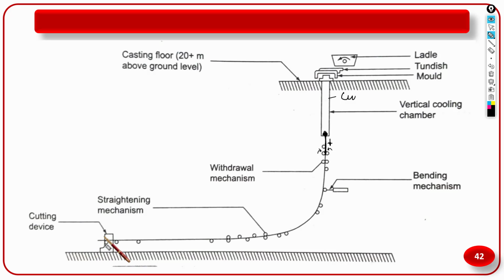And here you have a cutting mechanism. Whatever desired length you want, you can cut it. Now here the shape change is happening. If you want any round shape, any cylindrical rod, you can get that.